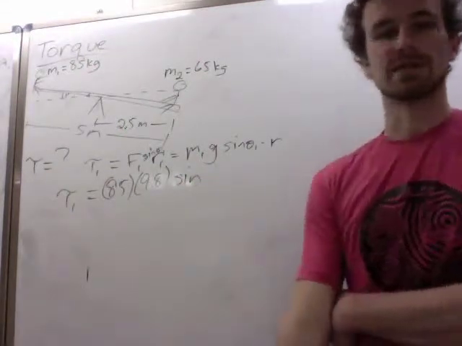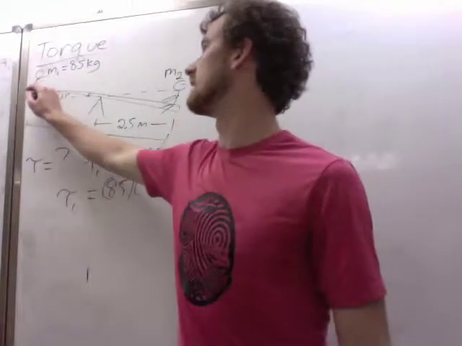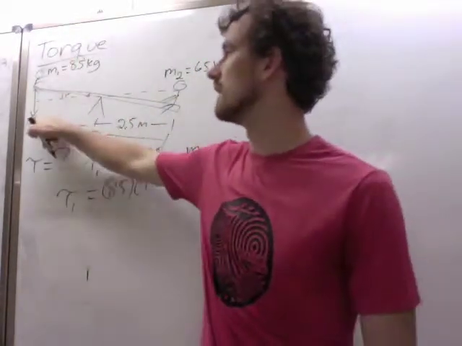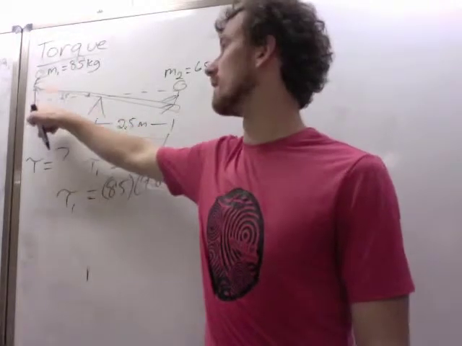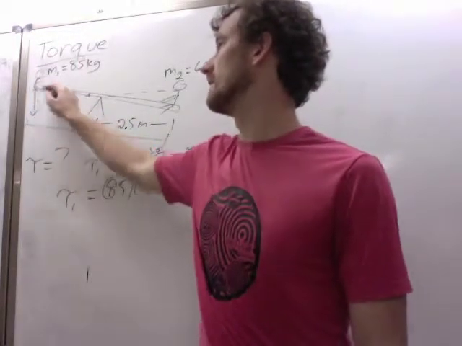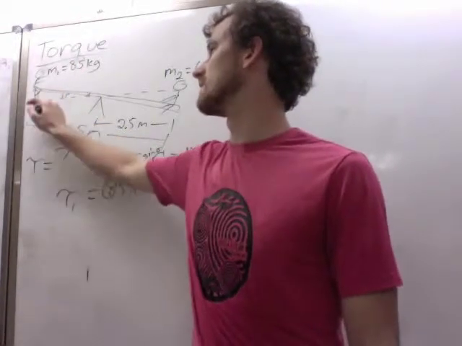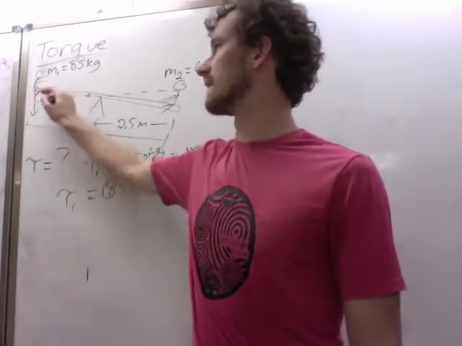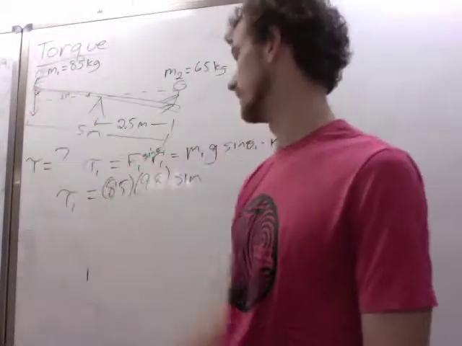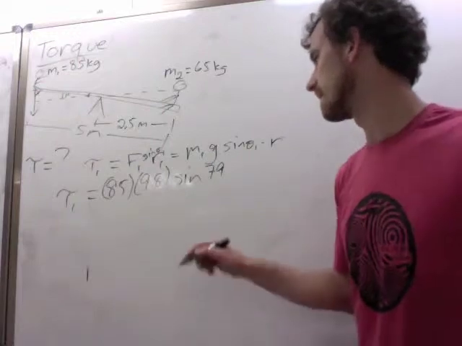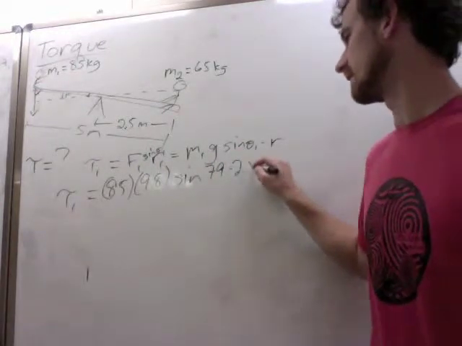Now here's the part where this is tricky. The sine of it is not 11 degrees, because this theta is the angle between the force and the lever arm, right? And the lever arm is the beam, so we're looking for this angle. Since gravity is straight down, if this is 11 degrees, this angle must be the complement of 11. So this is actually the sine of 79 degrees times 2.5.